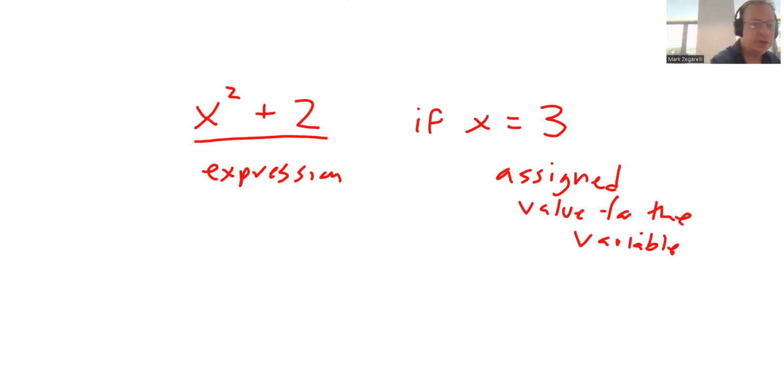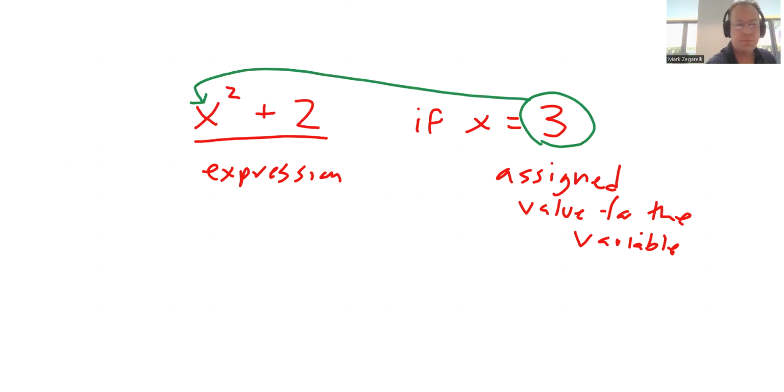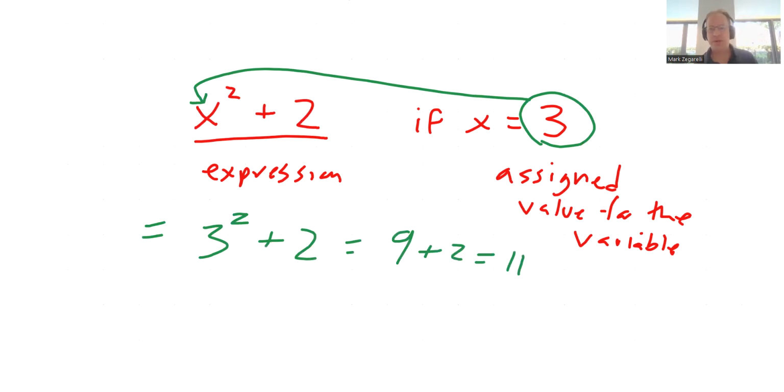And so what we can do is plug in 3 here. 3 squared plus 2. We know that 3 squared equals 9, and then plus 2 equals 11. So that's our answer, okay?